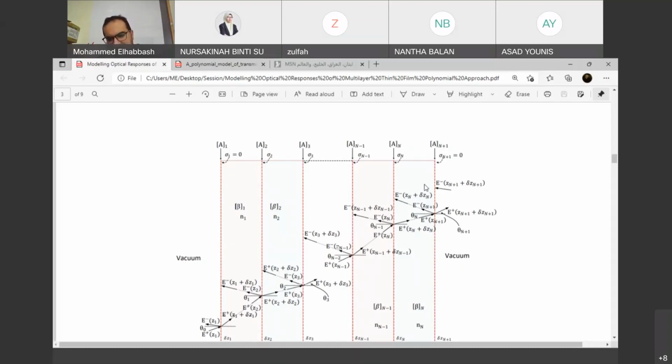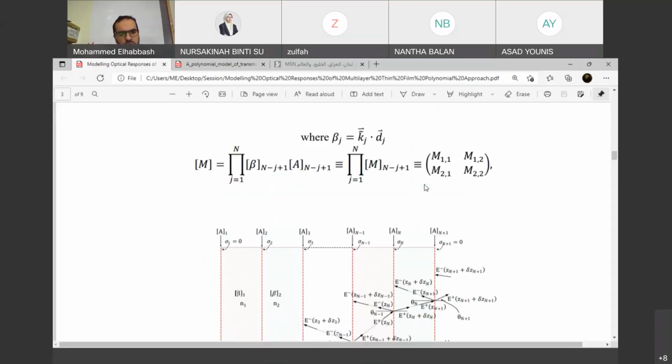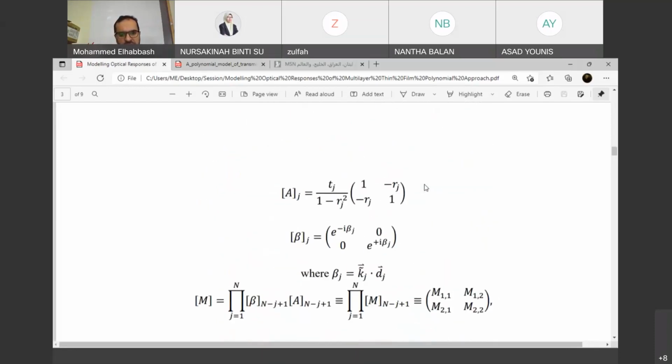Maybe it appears that it is complex, but if we go up to show you the equations, here we have the interface matrix, and here we have the propagation matrix.